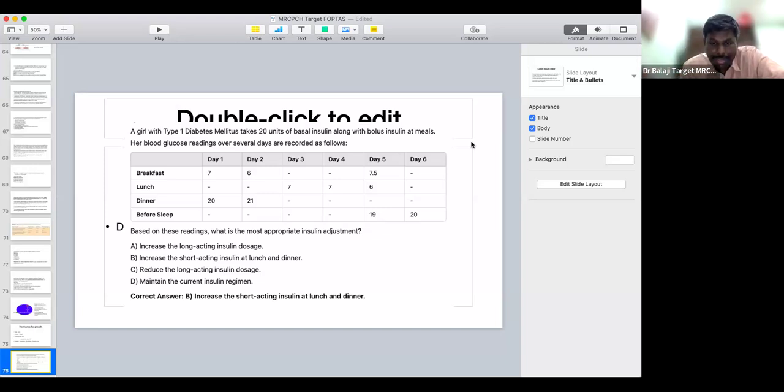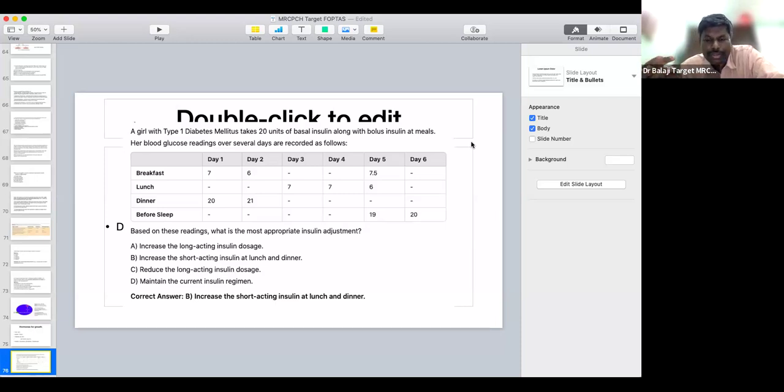Similarly, the pre-meal sugar always reflects the basal insulin. So you have to increase the Lantus or whatever long-acting insulin is going on. Whenever a child's early morning sugar is high, you have to adjust the long-acting insulin.